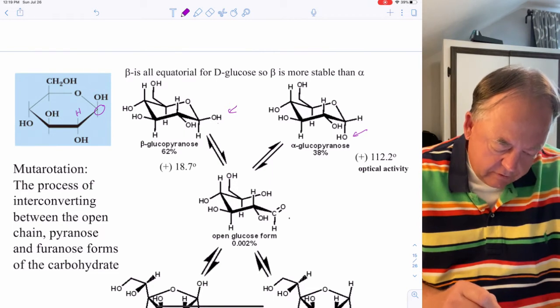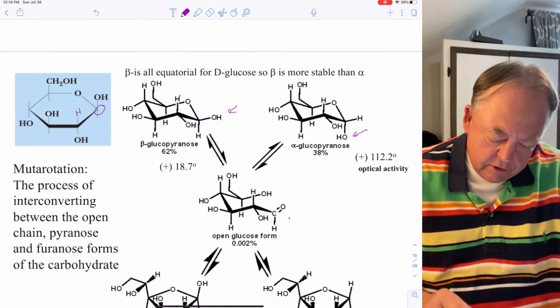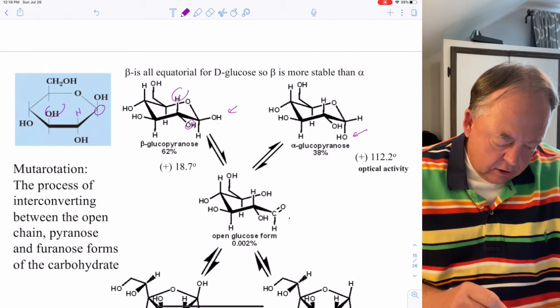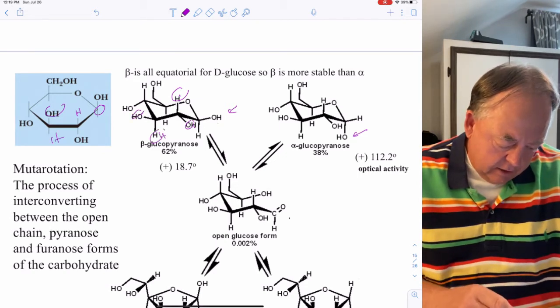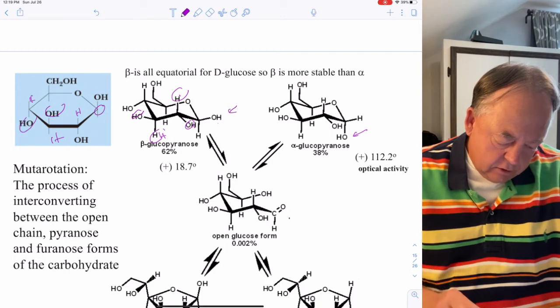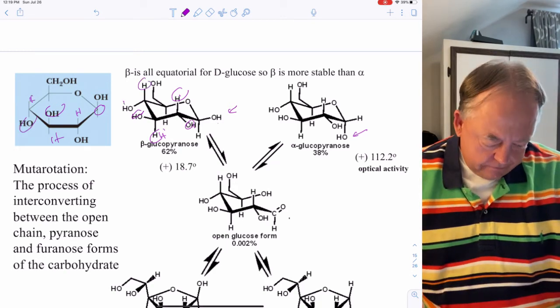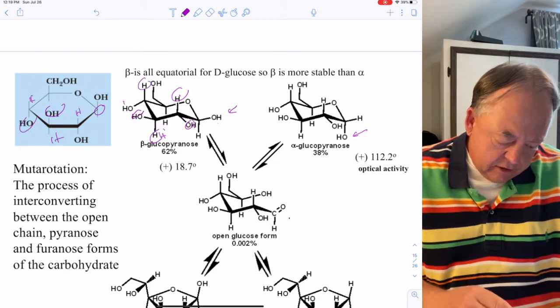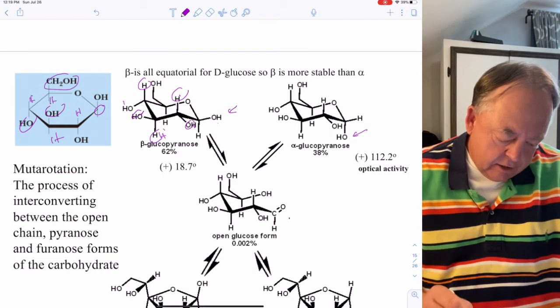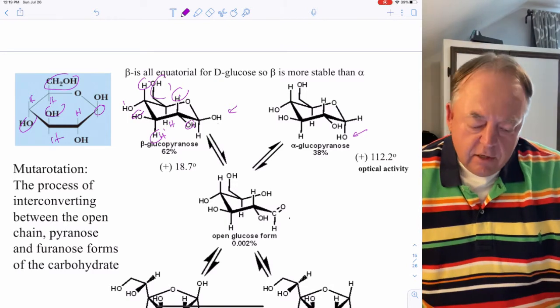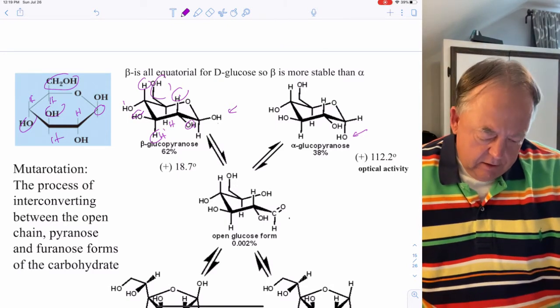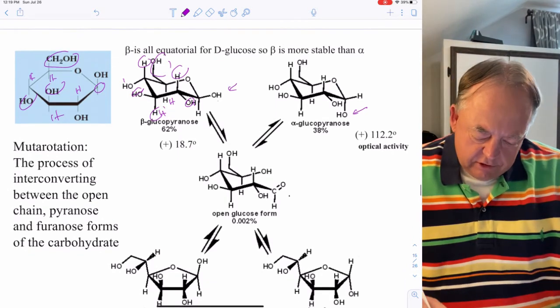So H is on top of OH, so H is on top of OH. And then OH is on top of H, so OH is on top of H. And then here H is on top of OH, so H is on top of OH. And then similarly for the CH2OH, it's on top of hydrogen in the Haworth, so it's on top of hydrogen in the chair form. Okay, so this is the open chain form.